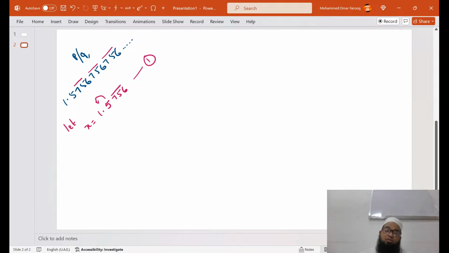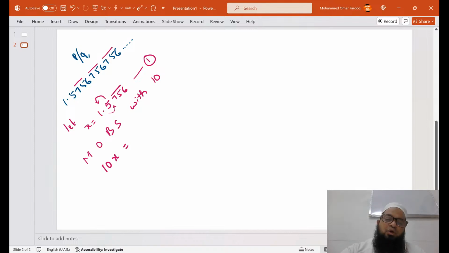So you have to multiply on both sides with 10. When you multiply on both sides, it becomes 10x equals. Now when I multiply, what happens to the decimal? The decimal will move one place to the right hand side. So it becomes 15.756 bar. Is it right? So this is our second equation.